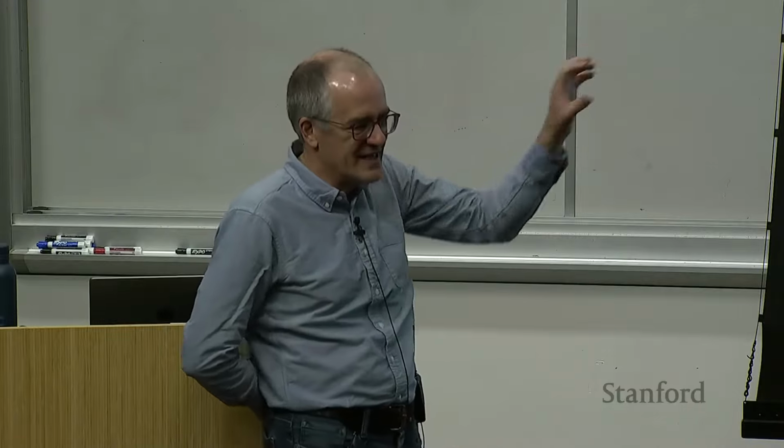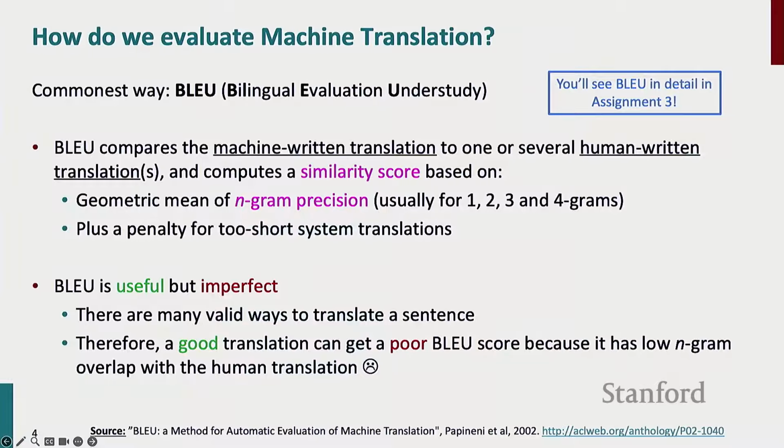And that's what motivated this idea of matching n-grams anywhere, so you can get reasonable credit for having the right matches. But nevertheless, it's a pretty crude version of it, right? You can still get a poor BLEU score for a good translation just because the words you chose didn't happen to match a reference translation.